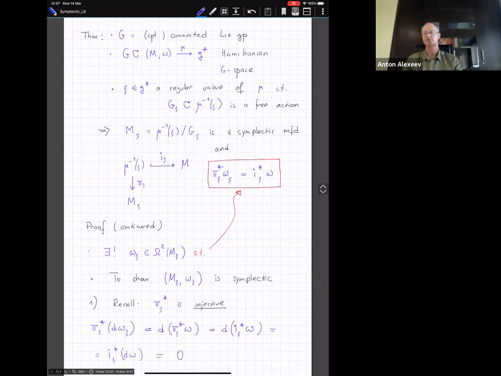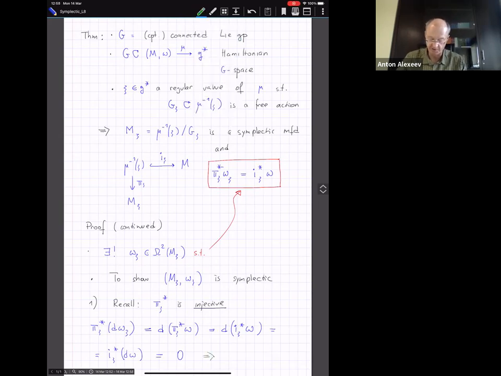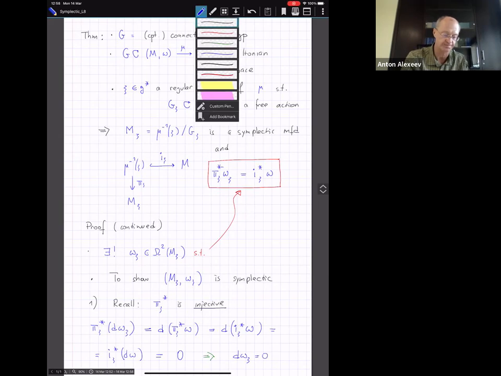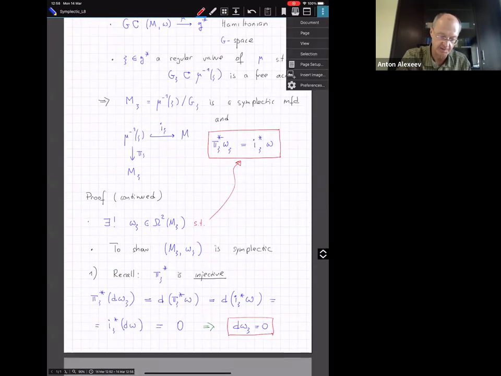And this gives me 0 because omega was closed. And now by injectivity of pi xi star, I see that omega xi is also a closed form. All right, so that's half of symplecticity.